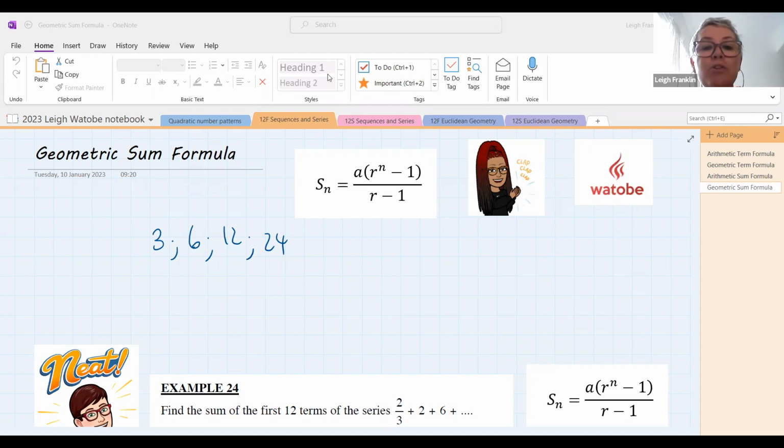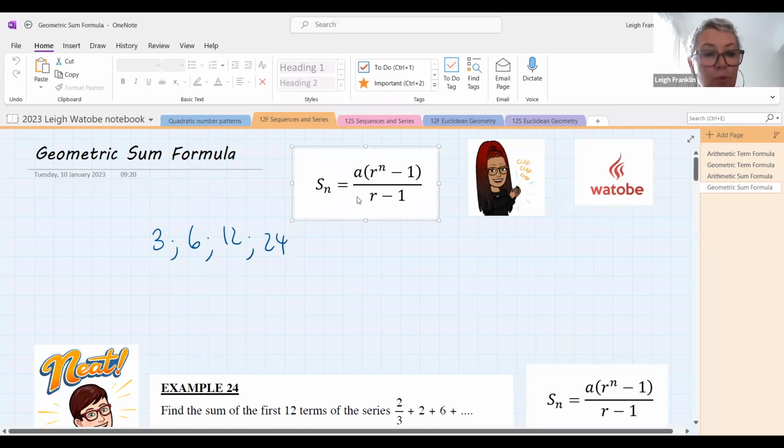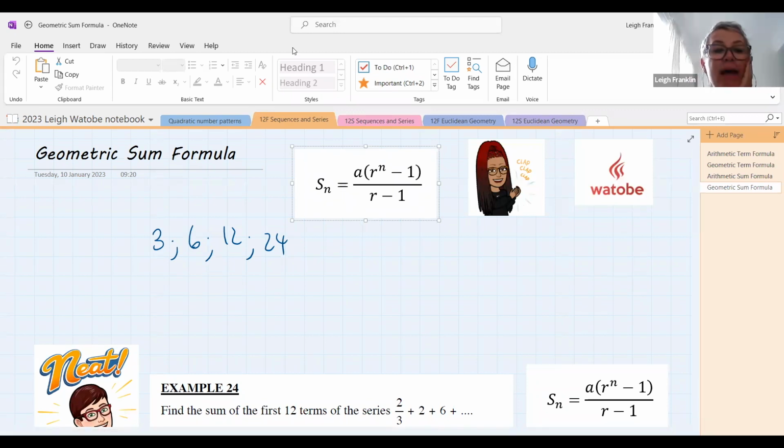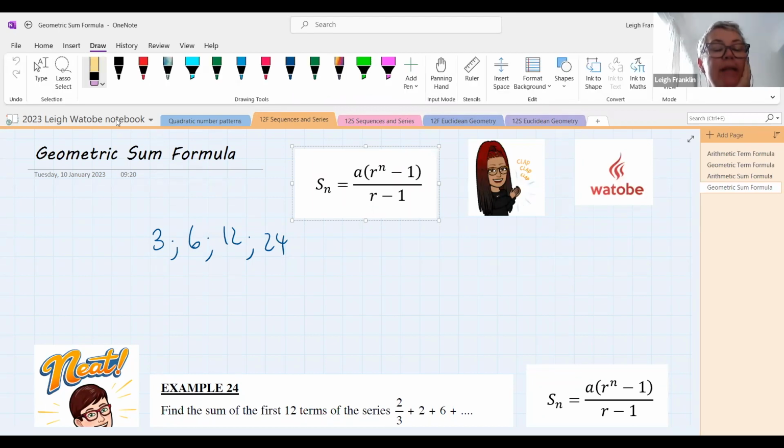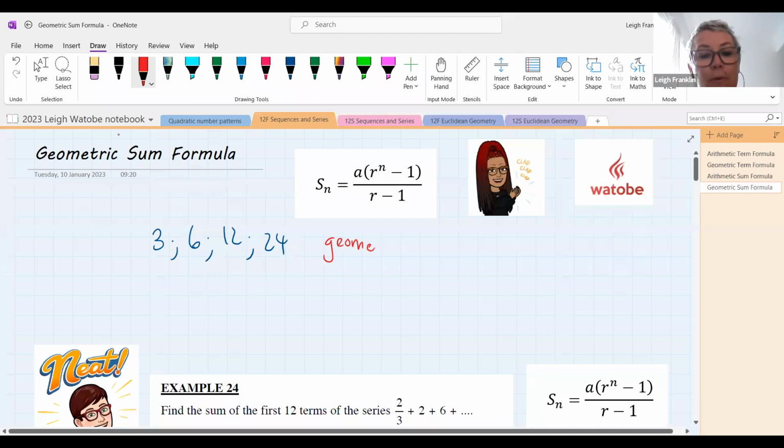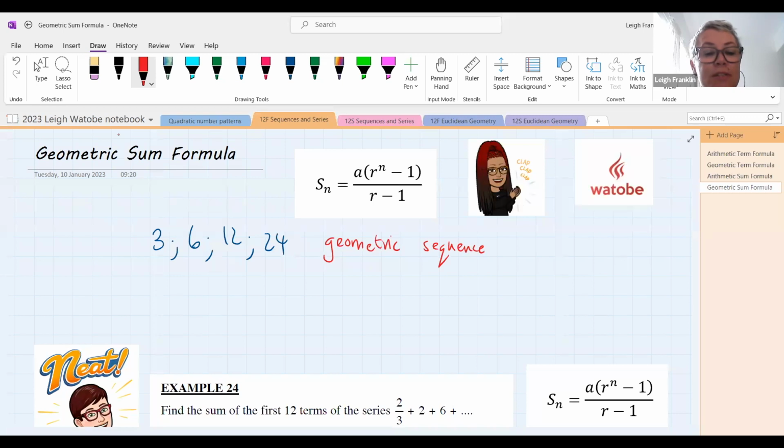Okay, so the geometric sum formula is the one that's here in the middle of the page for you. A geometric sum is like an arithmetic sum in that we are adding the terms together, but here they form a geometric sequence. So if I say that 3, 6, 12, 24 is a geometric sequence, I know that it's geometric because there isn't a constant difference, there's a constant ratio.